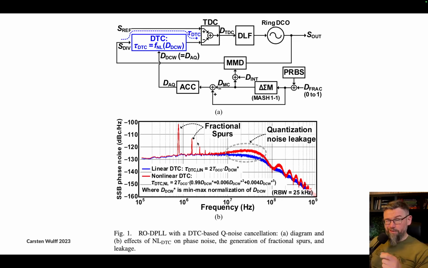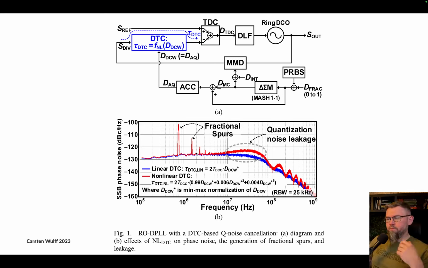But these fractional spurs come with advanced topologies like sigma delta based ADC and sigma delta based fractional dividers, and it might also be as simple as your MCU clock coupling to your inductors in your VCO. So inside the voltage controlled or digitally controlled oscillators, if you have inductors in there, then it can pick up the magnetic field from anywhere else on the chip, and you can actually get spurs.